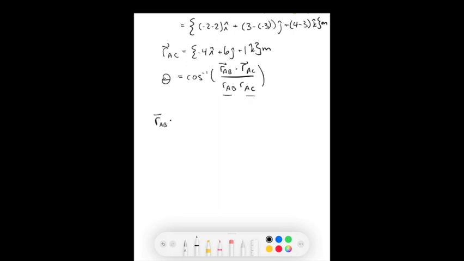So the dot product of our two directional vectors, we take the products of each of the x components and the y components and the z components.